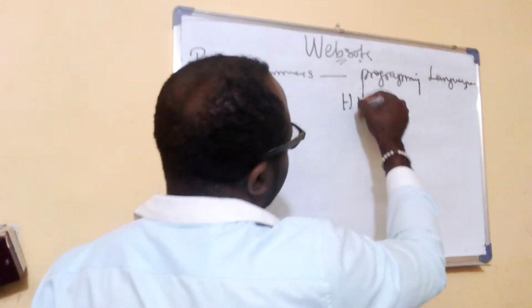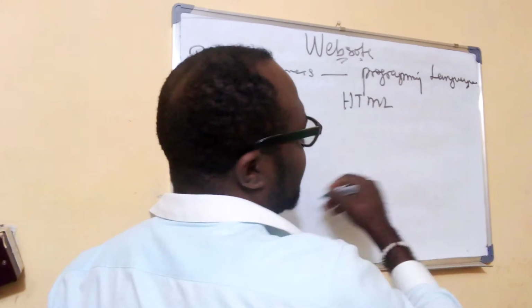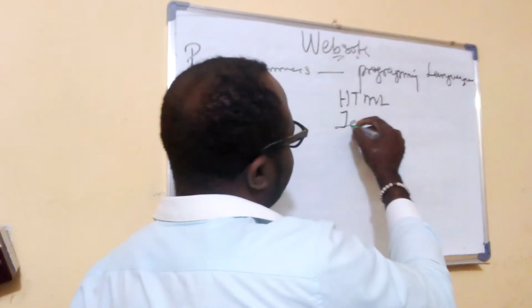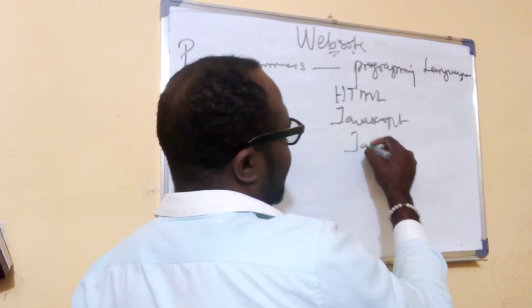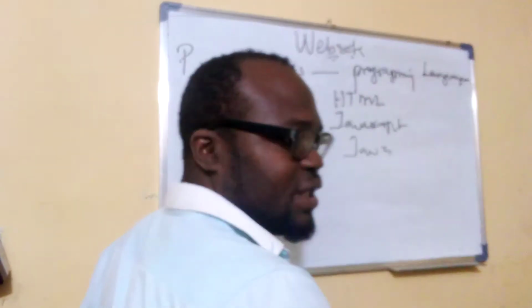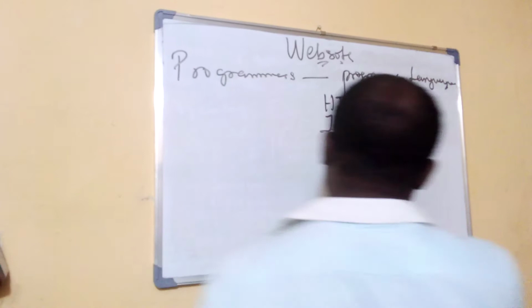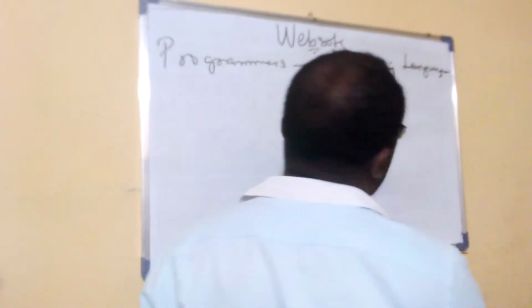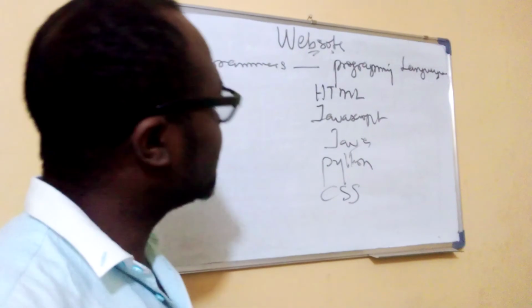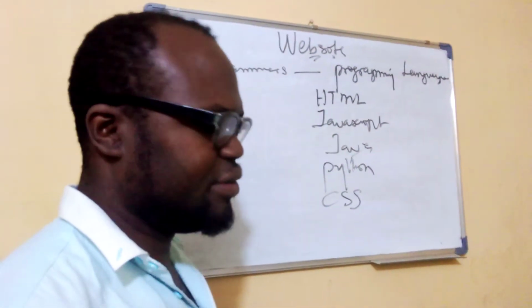You can learn HTML, you can learn JavaScript, you can learn Java, you can learn Python, CSS, and other ones. So all those, you learn them in order to become a programmer.